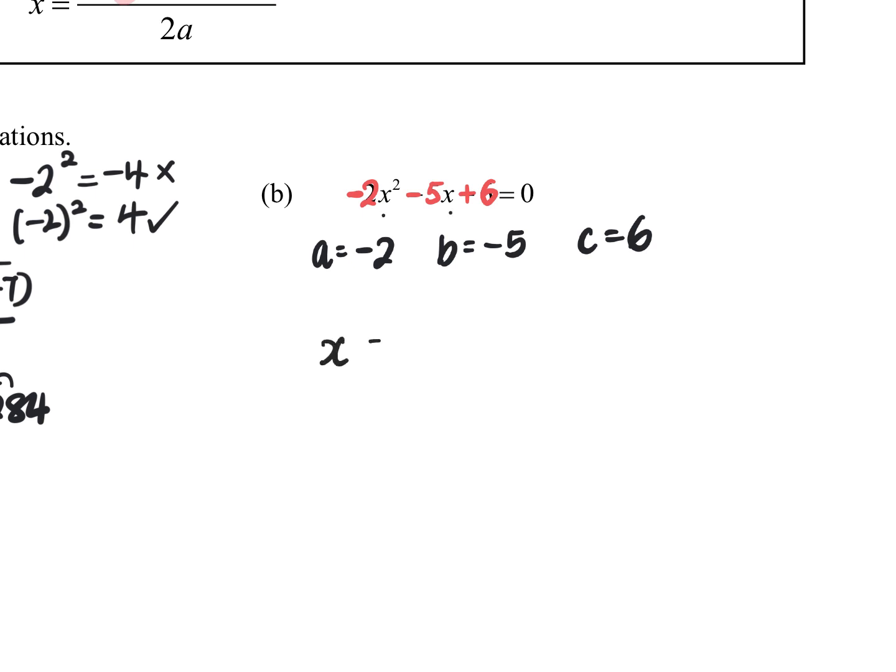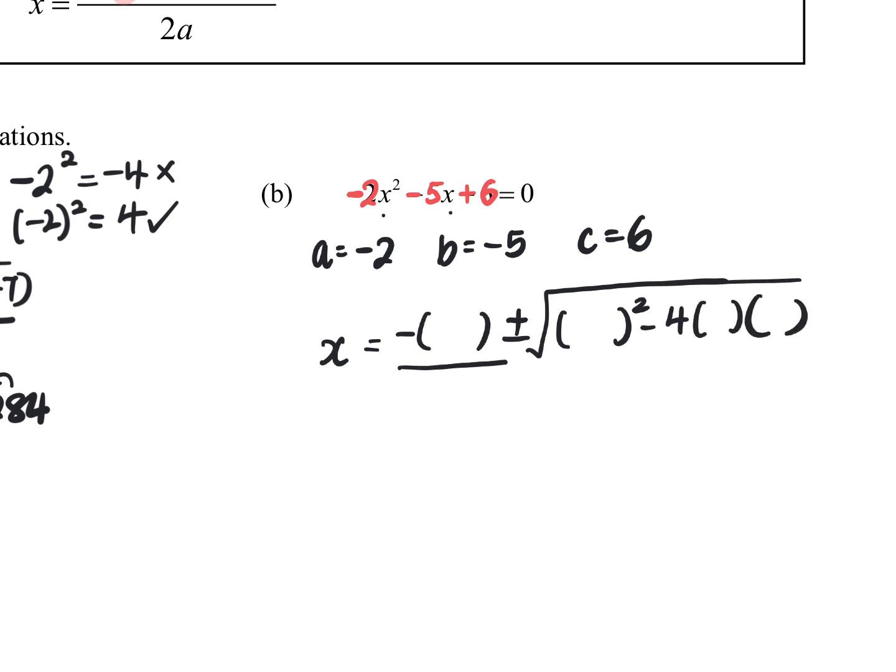So now my equation here is x equals to negative B, remember put brackets. There are two solutions. First one is plus, second one is minus. B square, remember put brackets, minus 4AC, over 2A.